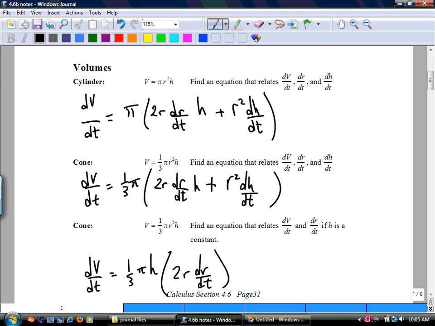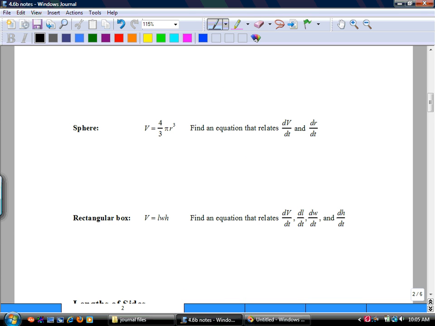I never thought about it that way. Use the formula above and make dh over dt 0, because it says h is a constant. It's not changing. So, that's cool. You have to be able to manipulate formulas and see which is constant and which ones aren't. Okay.